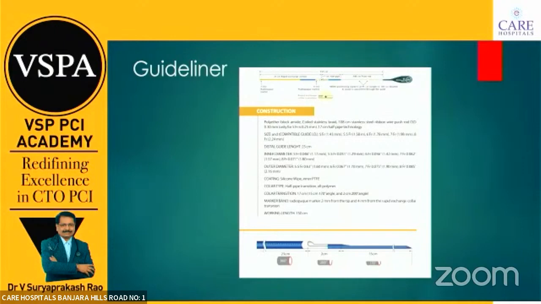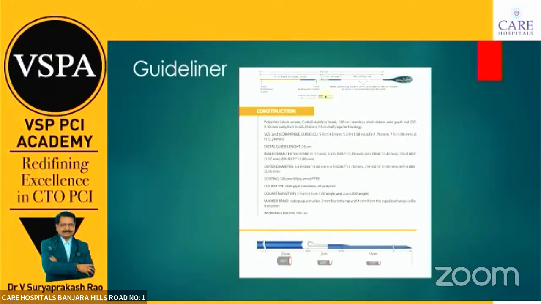In a bifurcation CTO, if we take a 6 French Guideliner and want to advance two balloons, it will not go. So if you want to use a Guideliner, you might go with a 7 French, and like Dr. Prakash is showing, use a long sheath and then a 7 French guide catheter, so that you will not encounter small challenges which can be very nagging in CTO angioplasty.